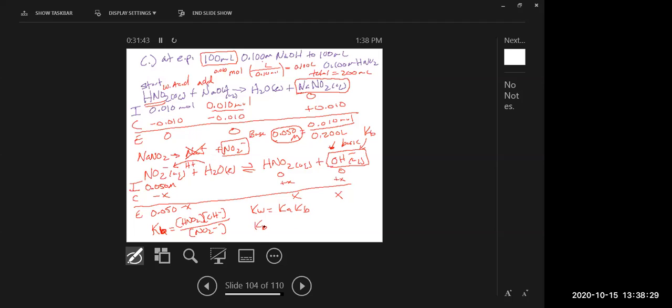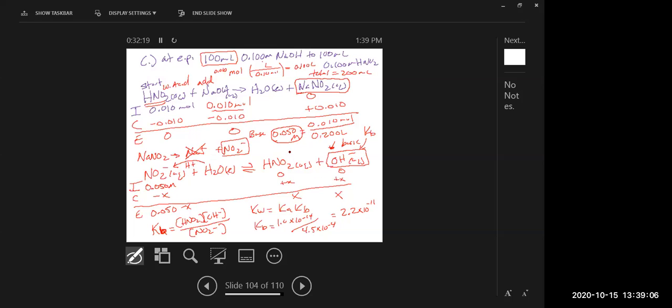And in this case, Kb would equal 1 times 10 to the minus 14, which is the value of Kw, divided by our Ka value that was given to us, 4.5 times 10 to the minus 4. And that's going to give us 2.2 times 10 to the minus 11 as our proper Kb value.